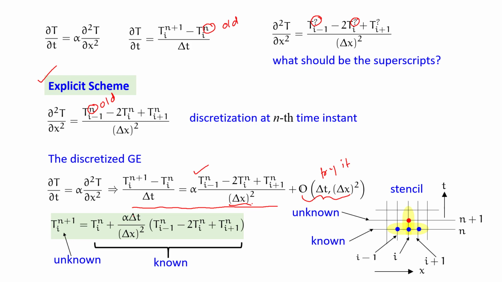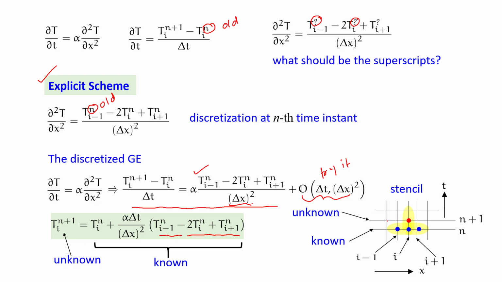And that correction is alpha delta t divided by delta x square multiplied by T_(i-1)^n minus twice T_i^n plus T_(i+1)^n. So if you look at this, the right side is entirely known and on the left side we have only one unknown. So essentially, knowing the nth time level value, we can simply calculate the n plus 1th time level.